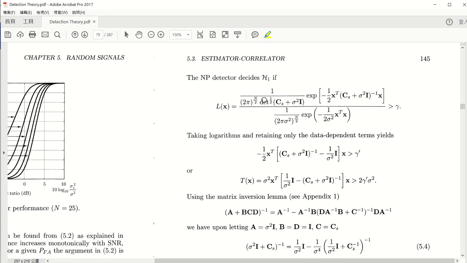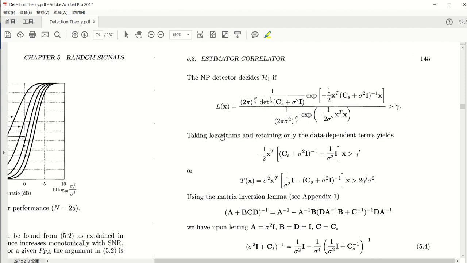This is the probability density function under H1, and this is the probability density function under H0. So this is the likelihood ratio, P of X conditional on H1 over P of X conditional on H0, and you will decide H1 if this is larger than gamma. That's the likelihood ratio detector, right?